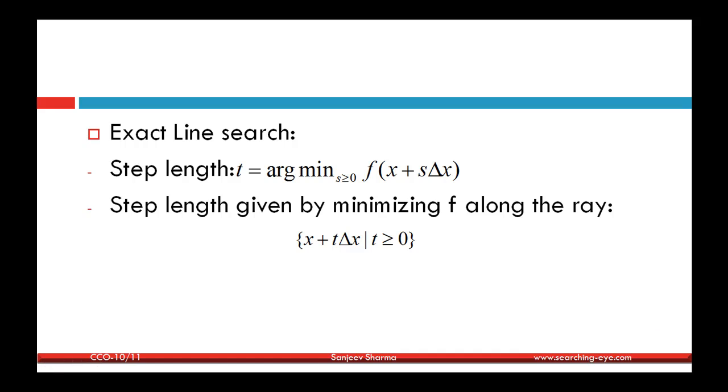As I mentioned, in the exact line search t is given by minimizing f of x plus t delta x with respect to t, and x k plus 1 is x k plus t exact times delta x, where delta x is the descent direction.